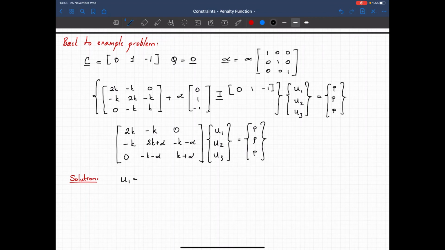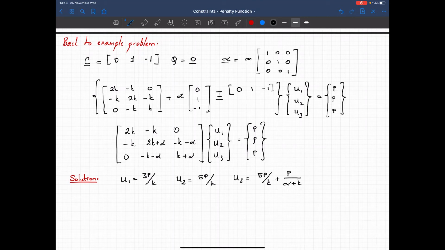u1 is equal to 3P over k, u2 is equal to 5P over k, and u3 is equal to 5P over k plus P over alpha plus k. Alright, so here I work symbolically.